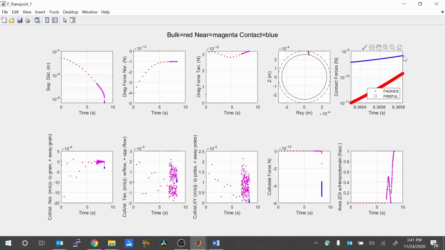And sometimes I see these attached with piconewton attraction, but it's almost a nanonewton, and the repulsive forces are catching up. It's really snugging up against the surface, and that's why there are some additional trajectory points down here, very close to the surface. So the ultimate separation distance for this one's going to be smaller, like a few nanometers as opposed to 5 nanometers, for example.